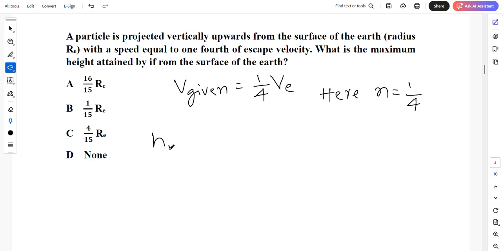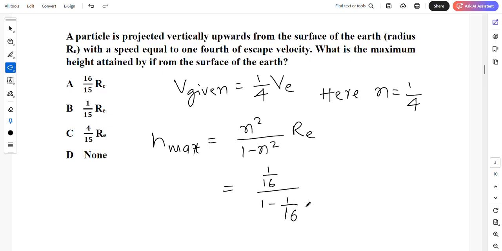Again, they are asking the maximum height. Use the same formula. H max is equal to n square divided by 1 minus n square into radius of the earth. In place of n, you just substitute 1 by 4, that is 1 by 16 divided by 1 minus 1 by 16 into RE, that is equal to 1 by 16 divided by 15 by 16 into RE. 16 gets cancelled, that is 1 by 15 RE is the right answer.